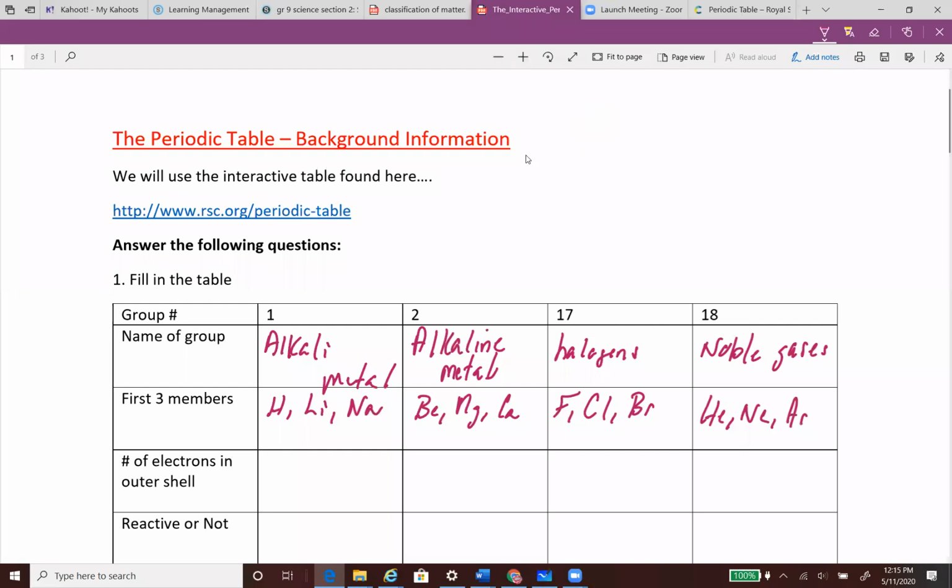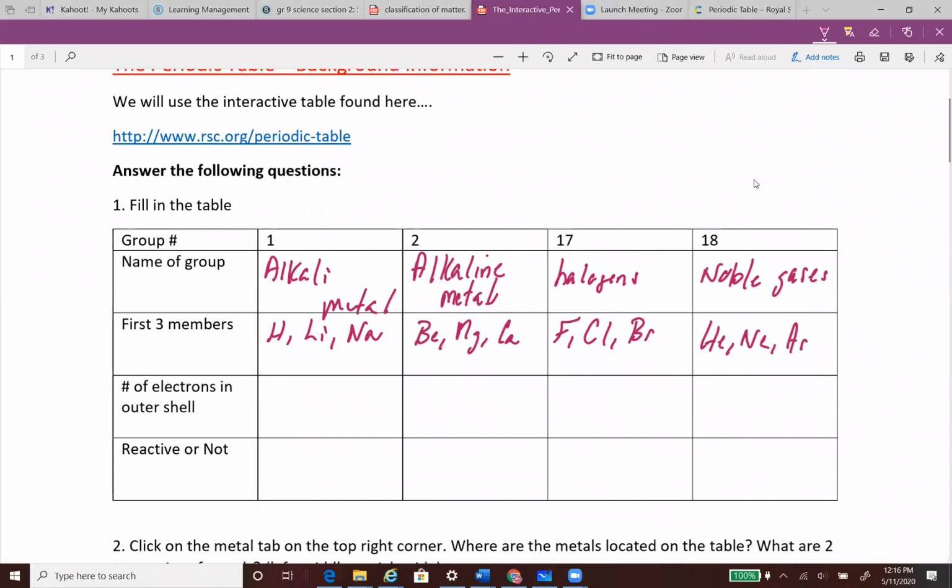Okay. Now, if you remember, when you do the Bohr-Rutherford diagrams, there's a pattern. So if you look at the number of electrons in the outer shell, that's the outer shell. Remember, the row number determines the number of rings, but the column determines how many electrons in the outer shell. So if it's in column 1, it has 1 electron.